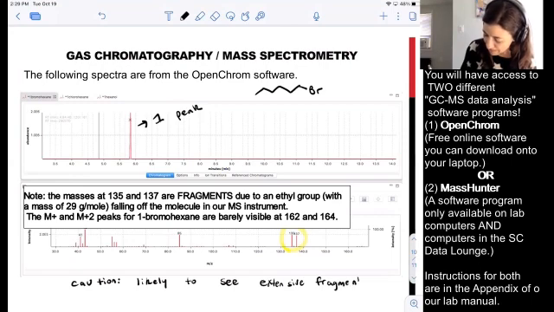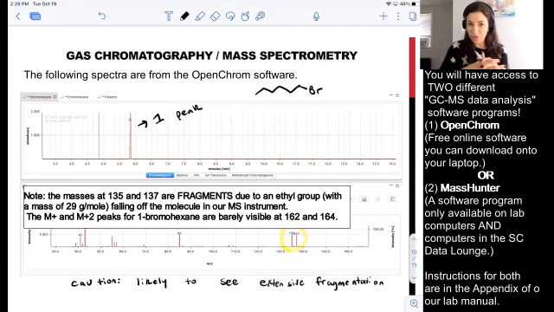So for instance, if you were to obtain GCMS data for your product and it were to look exactly like this, you would be able to say with high confidence, based on matching the retention time to this reference bromohexane that I've shown you, and also by looking at the mass data and confirming the presence of a bromine, that you had made 100% of the brominated product.